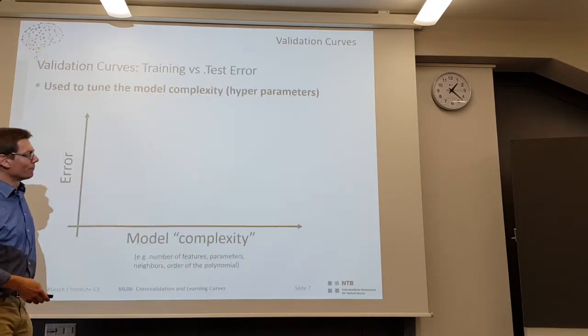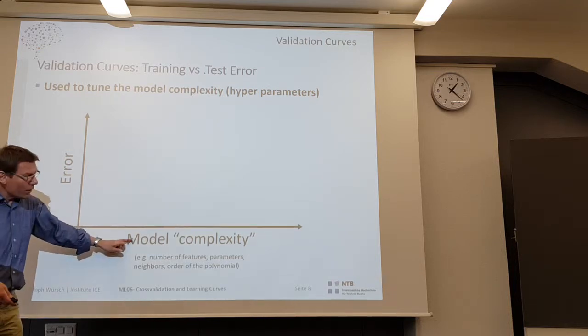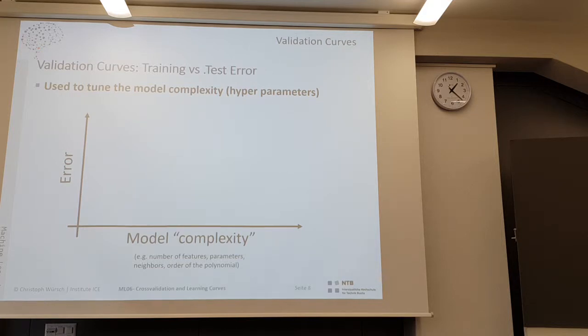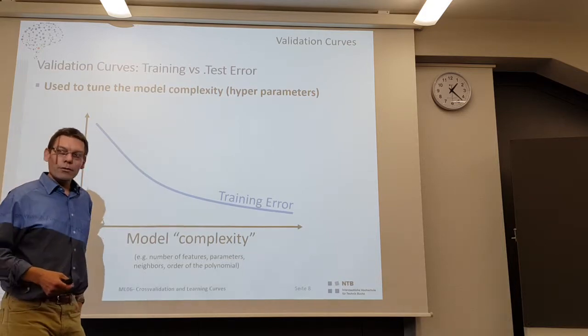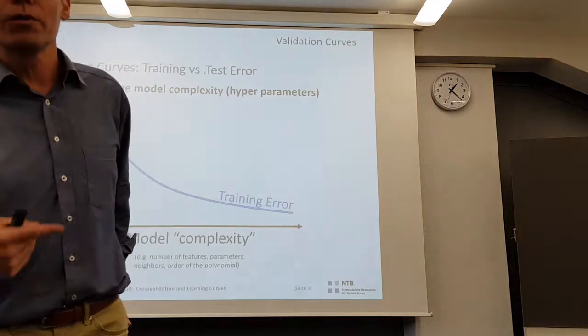We kick them out. Okay, so in this graph, if we increase model complexity, what would happen to the error with training data? The model would be able to fit the data better and better, so that error would decrease.